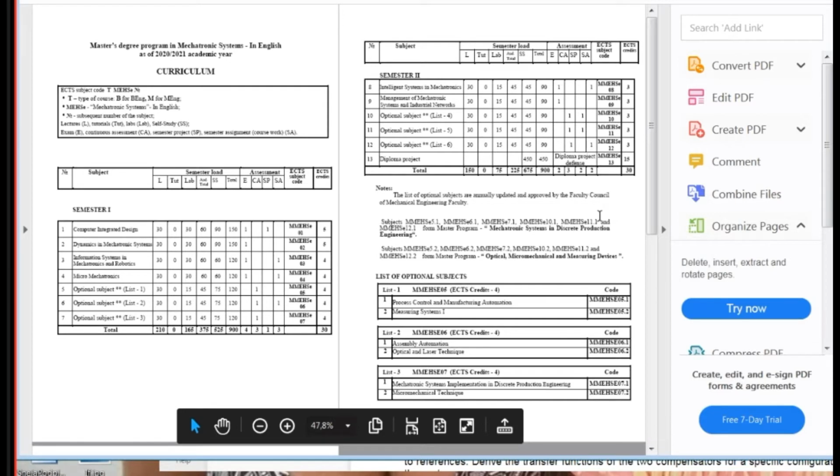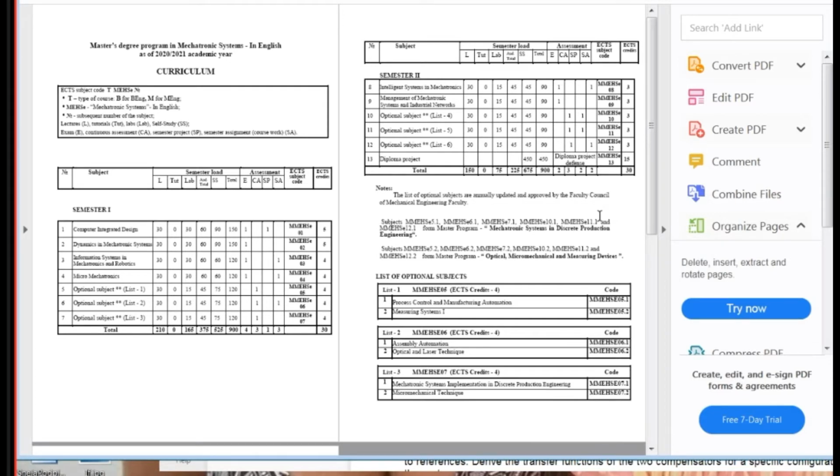It is a selective optional subject. It is continuous assessment. This means when we finish with the lectures, we will finish in 5 weeks. The whole semester is 13 weeks.